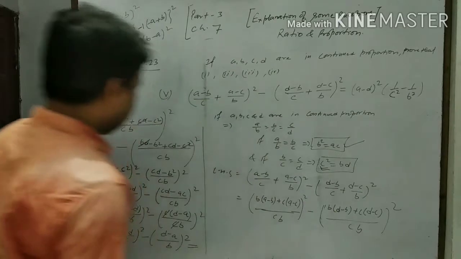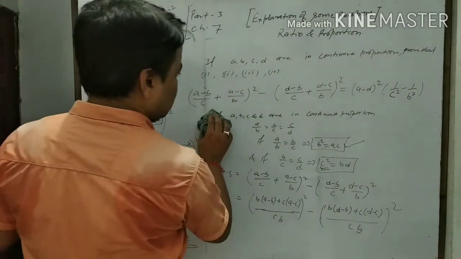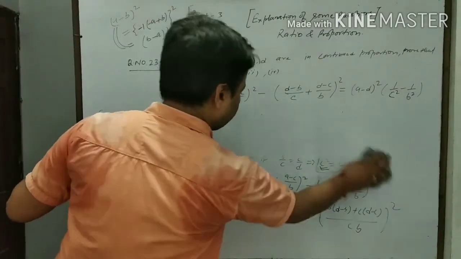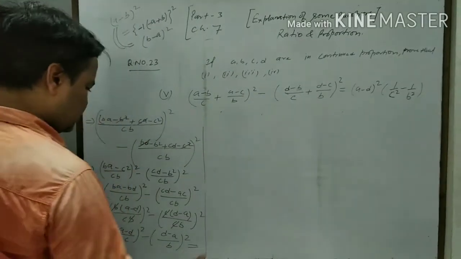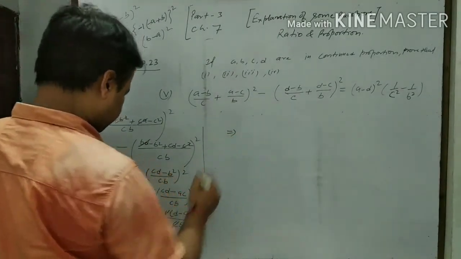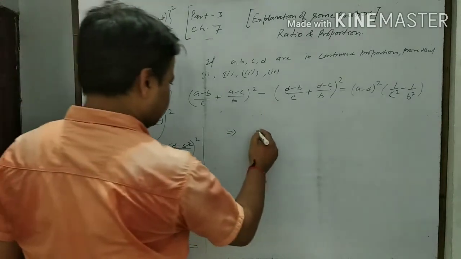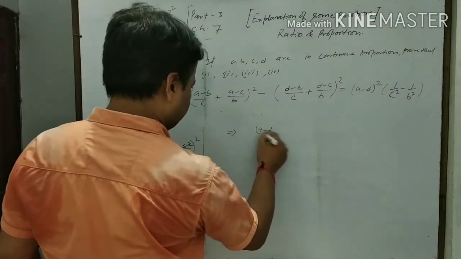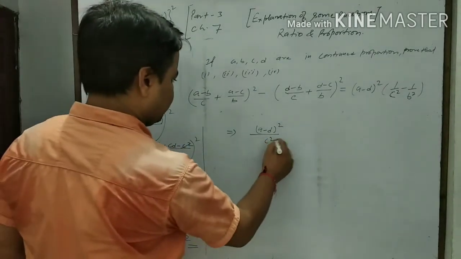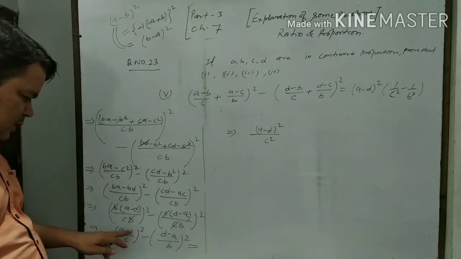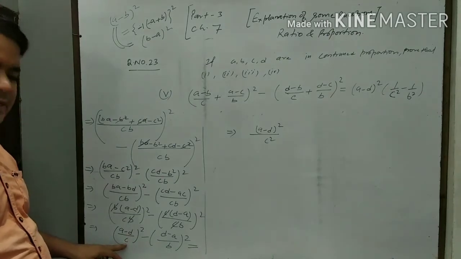Now, after this we write A minus B whole square upon C square, because the square is for the numerator and for the denominator also.